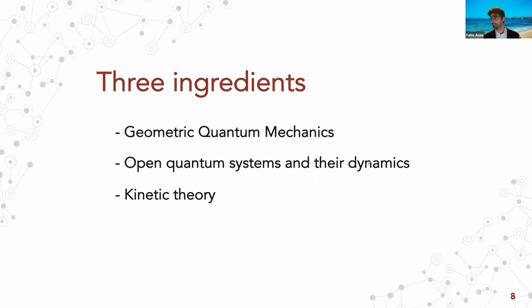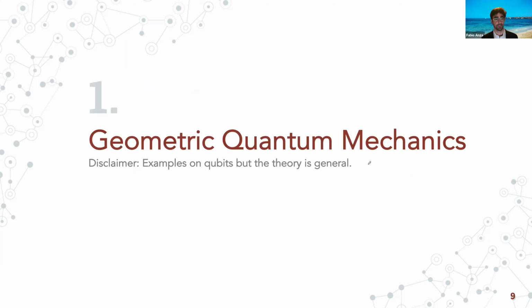The theory has three crucial ingredients. First is geometric quantum mechanics. Then there is the use of geometric quantum mechanics for open quantum systems, and in particular to describe their dynamics. And then there is a kinetic theory approach on top of that. The result of mushing these three things together is this kinetic theory of information transport.